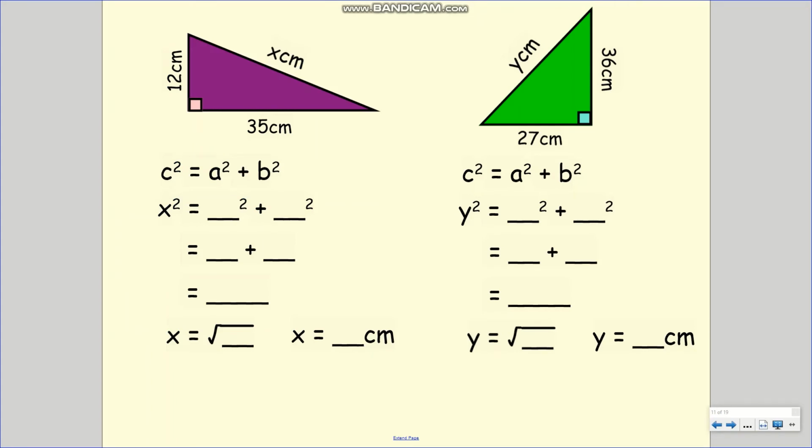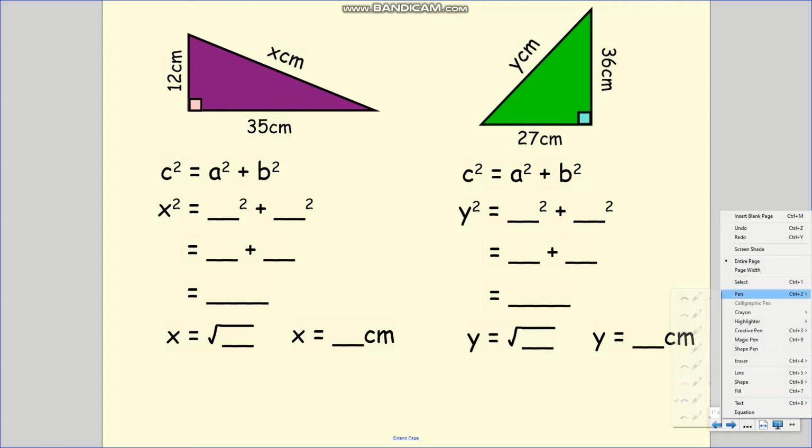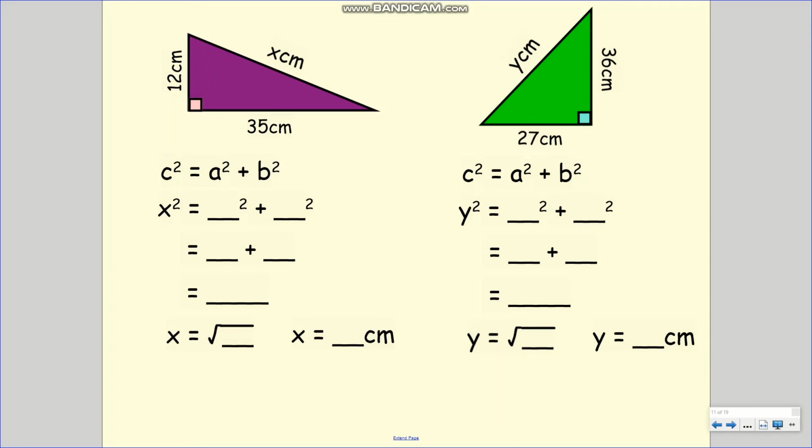Your next task is to complete two examples of your own. I've created a scaffold for you so that all you need to do is fill in the blanks at each step of the calculation. For the first one, with 12 and 35 in your triangle, you want to insert 12 and 35 into your blanks like this.